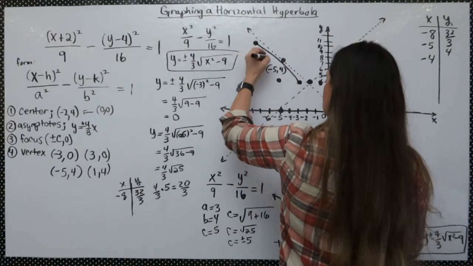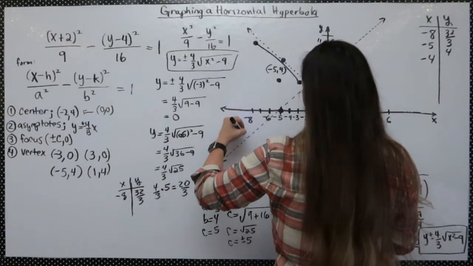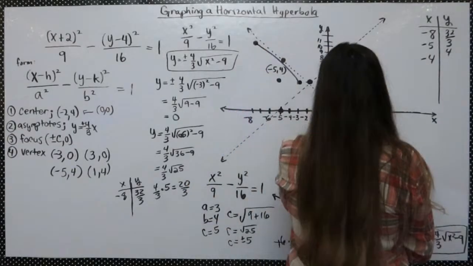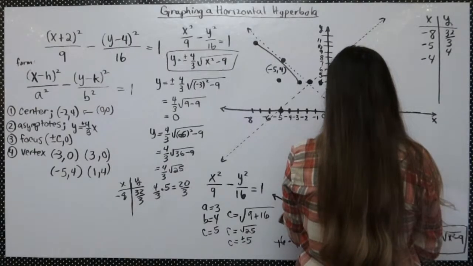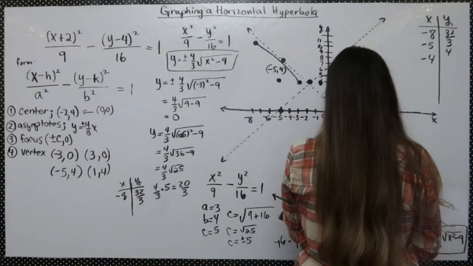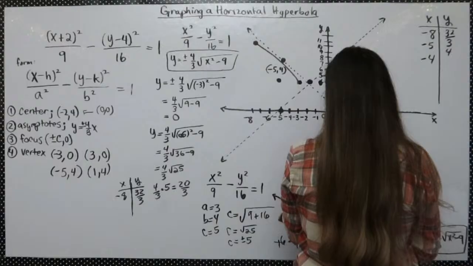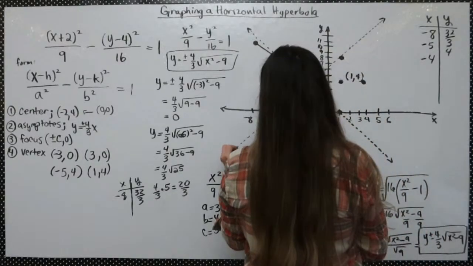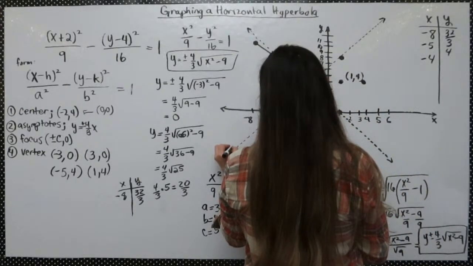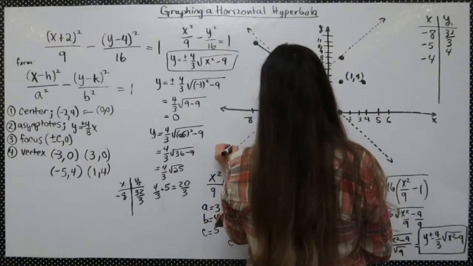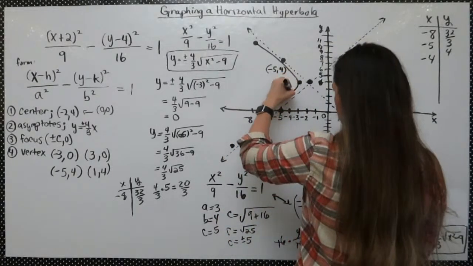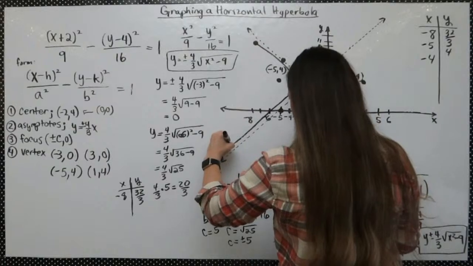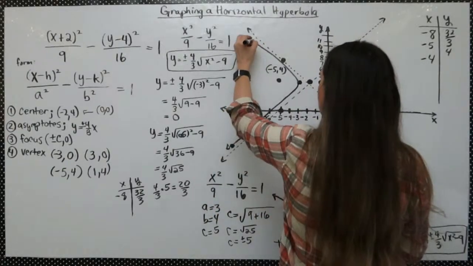This kind of thing. So because then -10, -11 right here is also going to be on there. So it looks like this kind of thing is what's going on with my hyperbola.